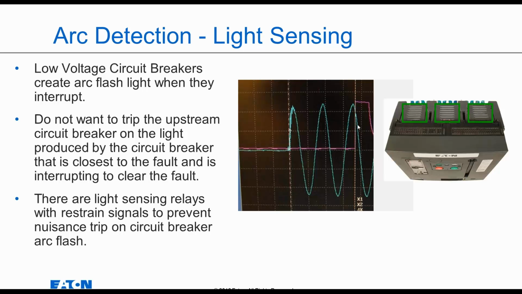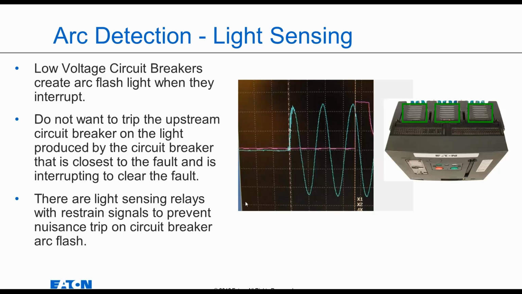And as you can see, as the breaker starts to open up and part and clear the fault, an arc flash is created and put out, and guess what? The light sensing relay sees it.